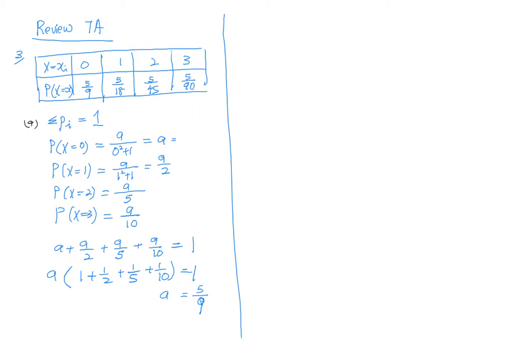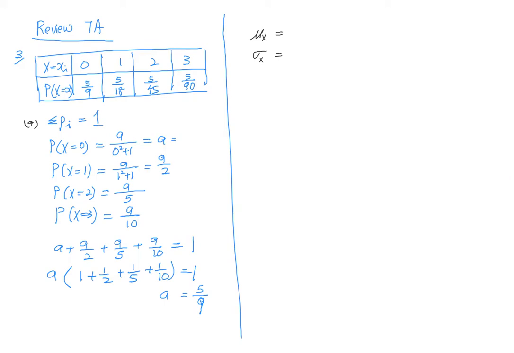Find the mean and the standard deviation for X. X is 0, 1, 2, 3, with probabilities 5 divided by 9, 5 divided by 18, 5 divided by 45, 5 divided by 90.